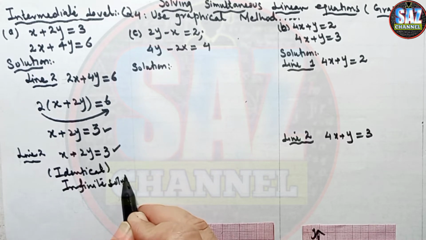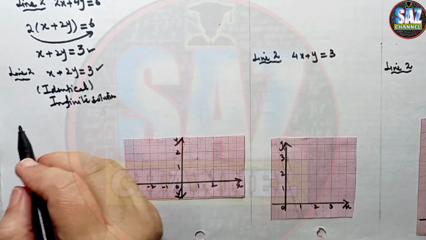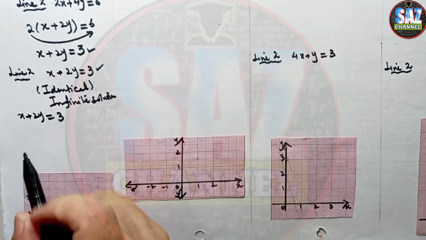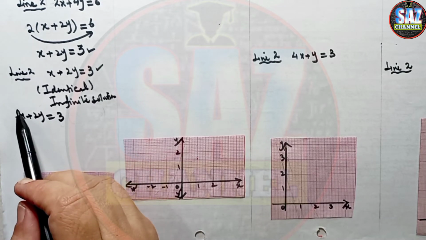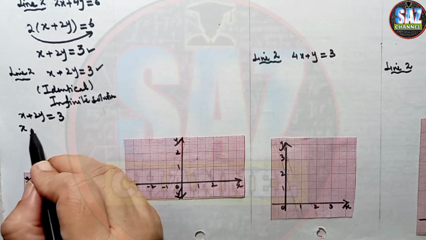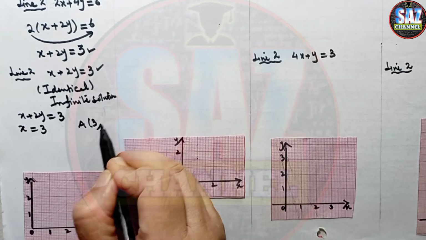Okay, let's go for the plotting of these lines. So x plus 2y equals 3. For the x-intercept, I put y equals 0, so my x value will be 3 and the point is A (3, 0).